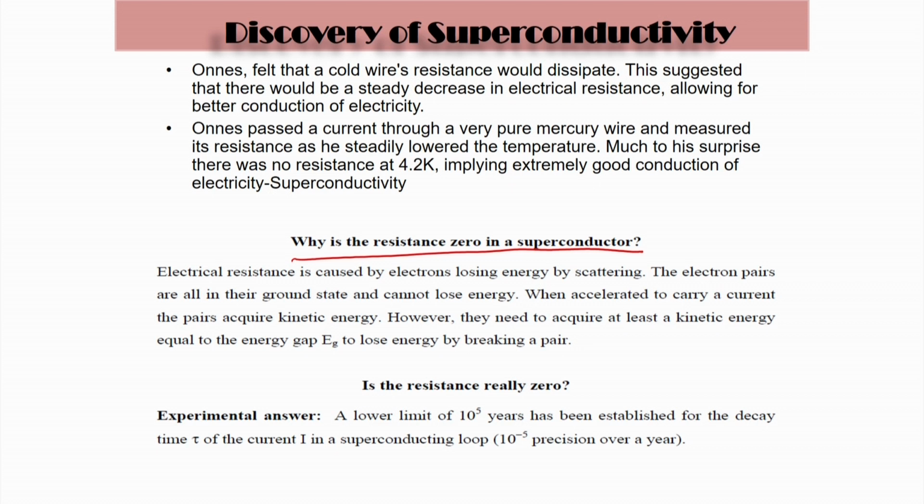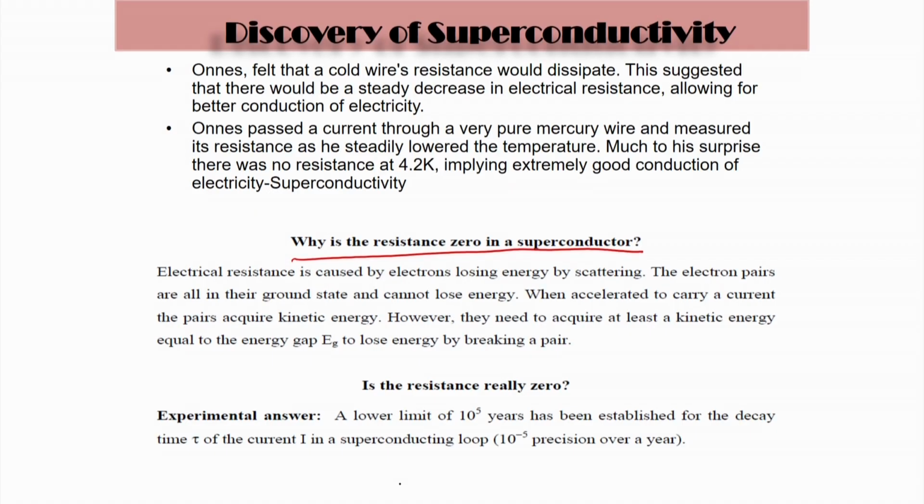However, to lose energy by breaking a pair, one needs to acquire at least a kinetic energy equal to the energy gap. So, you need to give it a kinetic energy such that the pairs dissociate and break, and there are some electrons that are made available in the excited energy state. The question is, is the resistance really 0?